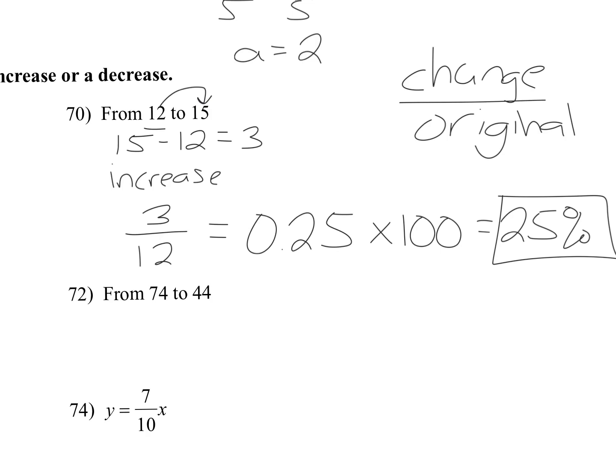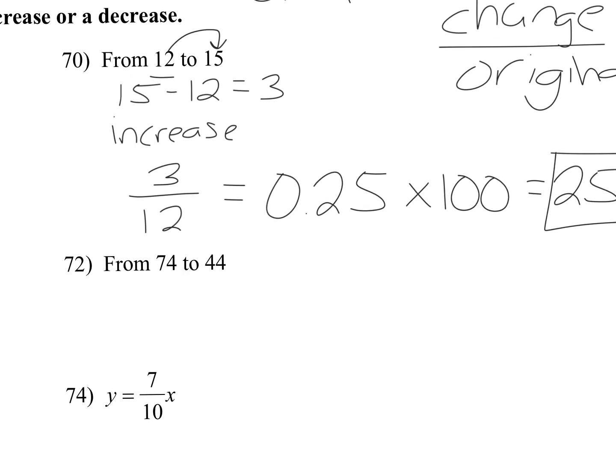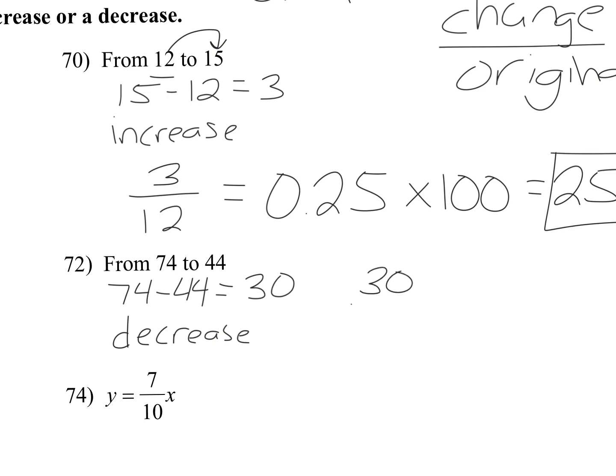On 72, we're going from 74 to 44. What is the first thing we got to find? We got to find the change. So subtract the two numbers. 74 minus 44 is 30. And then is it increase or decrease? Decrease because we're going down. And then how do we find the percentage? So the change over the original, which is 74.